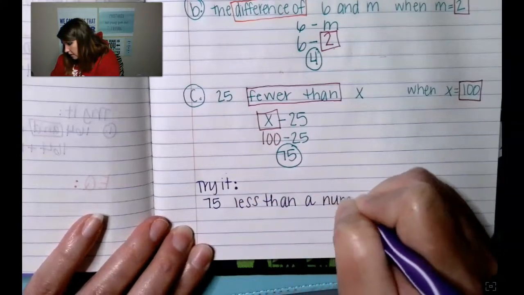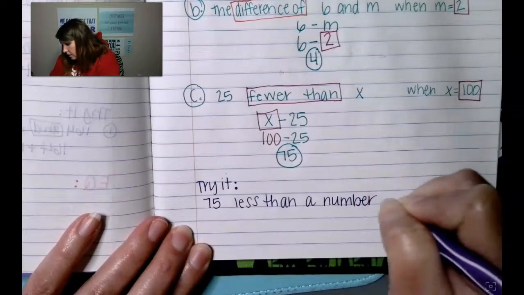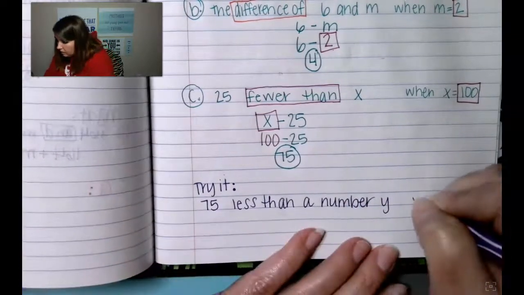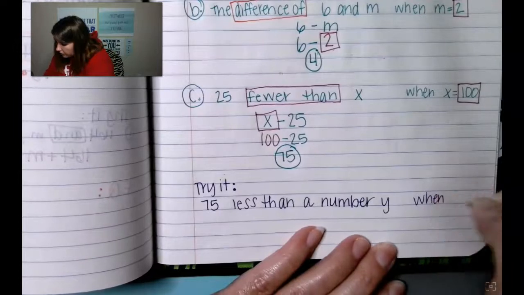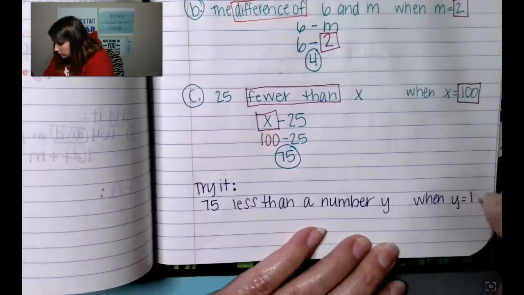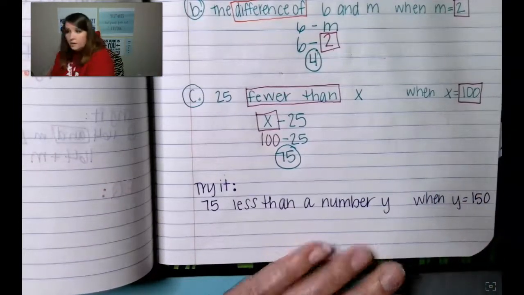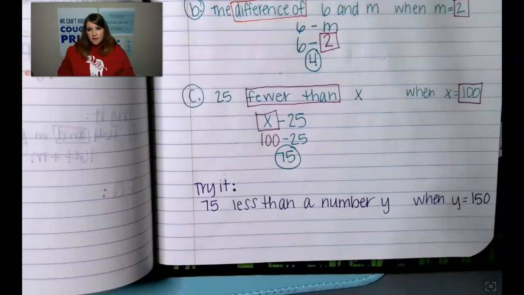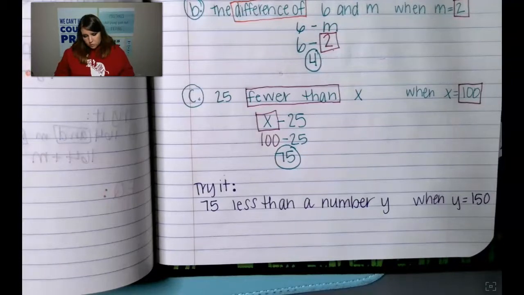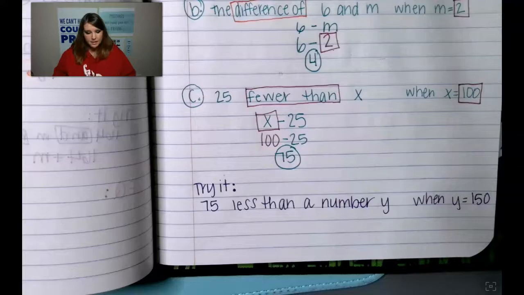All right, 75 less than a number y when y equals 150. So your job right now is to write the math sentence, and then solve.